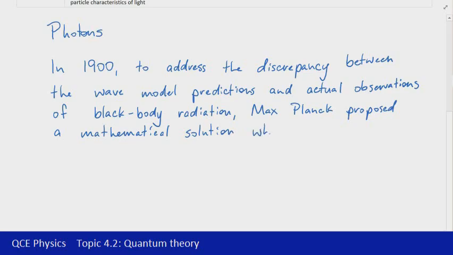And that solution was that instead of treating energy as being radiated continuously, he treated it as being in quantized packets. The wave model predicted that energy would be given off continuously, as a continuous variable.